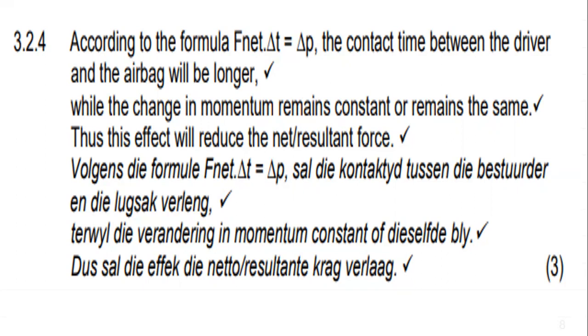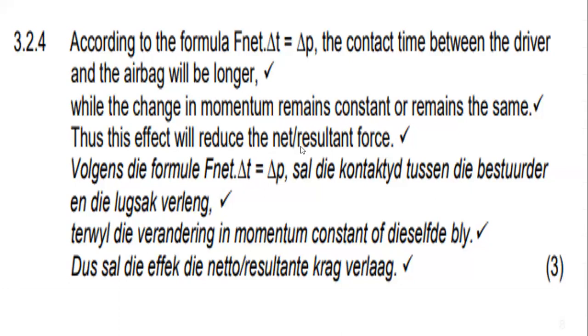So it says, according to the formula, F net delta T is equal to delta P, the contact time between the driver and the airbag will be longer. So the airbag increases the contact time, while the change in momentum remains constant. And this will definitely reduce the net force.